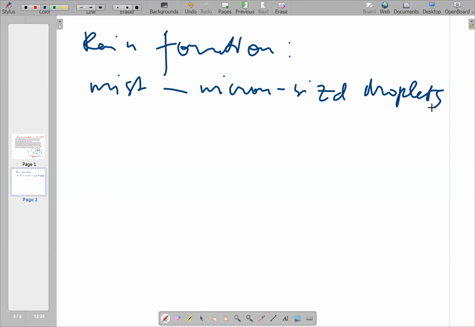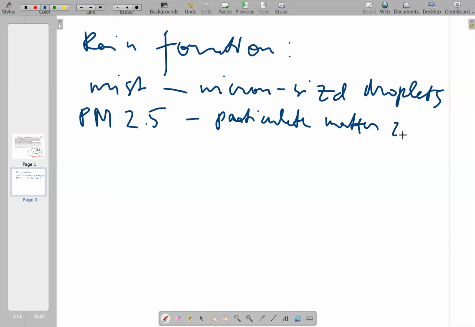There are sites which make forecasts of that particulate matter. I think PM 2.5. That is particulate matter 2.5 micrometers. If you look at those air quality measures, there are also PM1 and PM10.